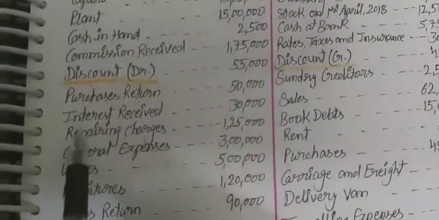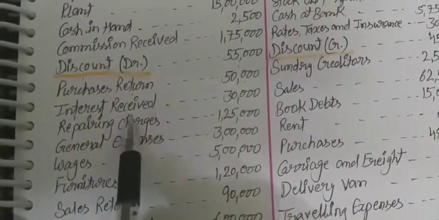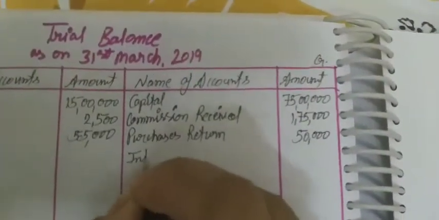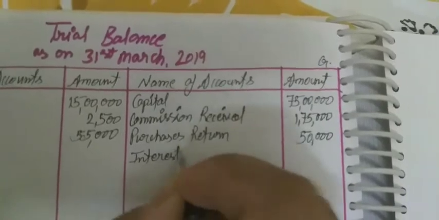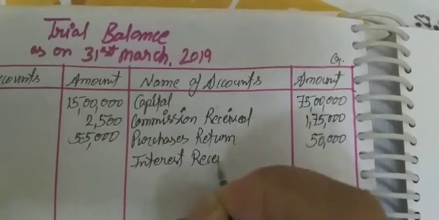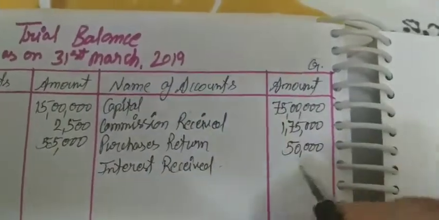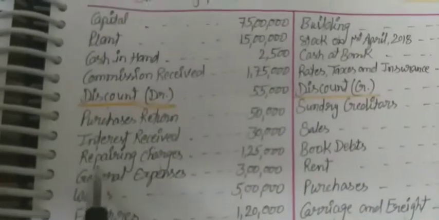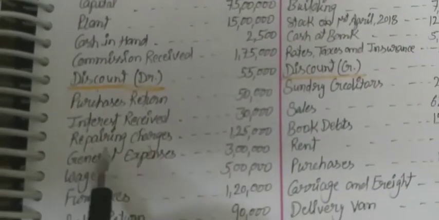Okay. Next one is interest received. It is income of rupees 30,000. So it will show on the credit side. Interest received 30,000. It is income for the business. And next one is repairing charges.